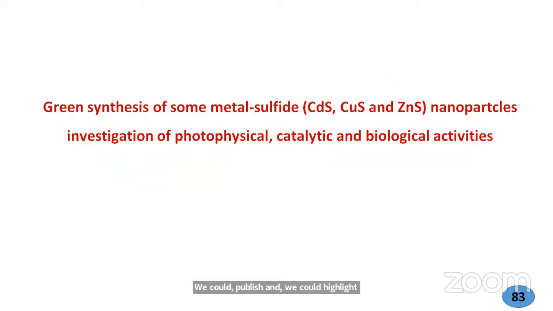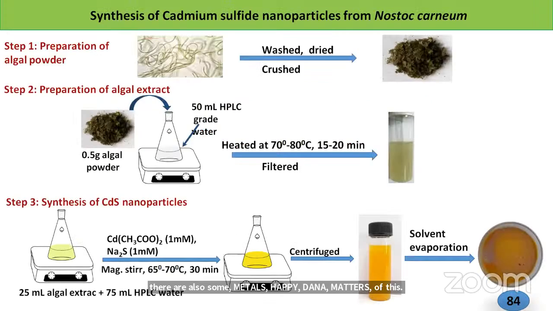There are also some metal sulfide nanomaterials, with investigation of their photophysical, catalytic, and biological activity. Again, using a blue-green alga, we could see that synthesis of cadmium sulfide nanoparticles has been done.